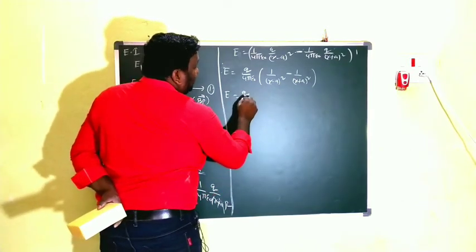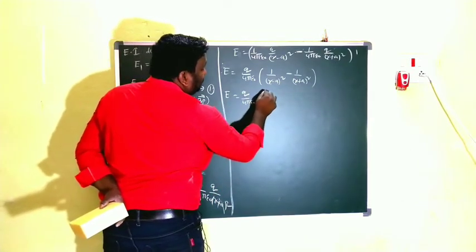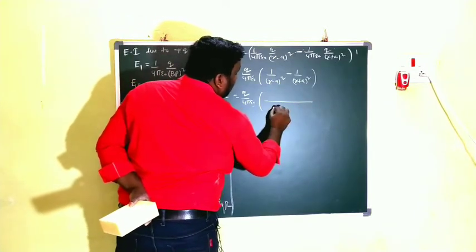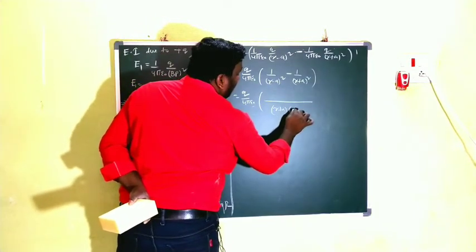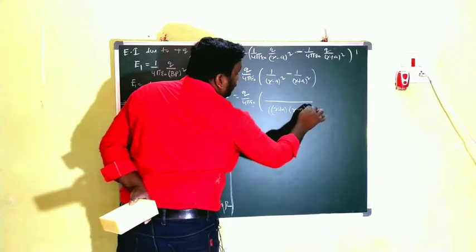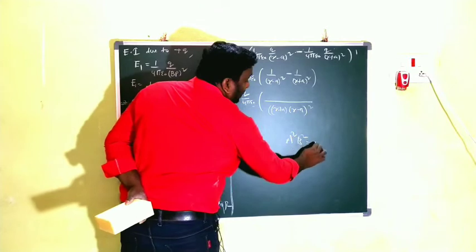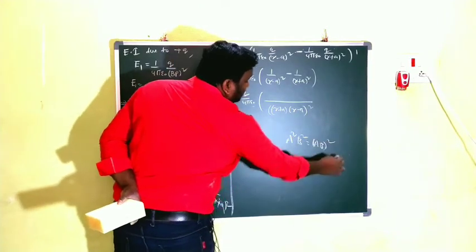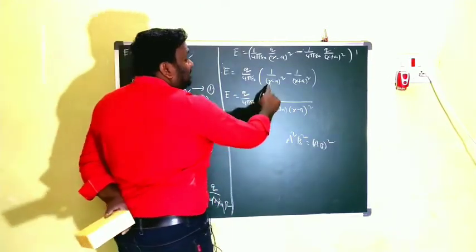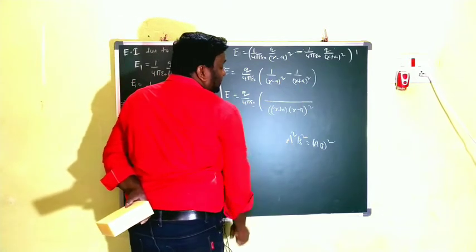LCM is there. What is the LCM? I am writing (r plus a) into (r minus a) whole square. Simply, it is like a square b square, so we can write (ab) whole square. (r minus a) whole square, (r plus a) whole square is there.